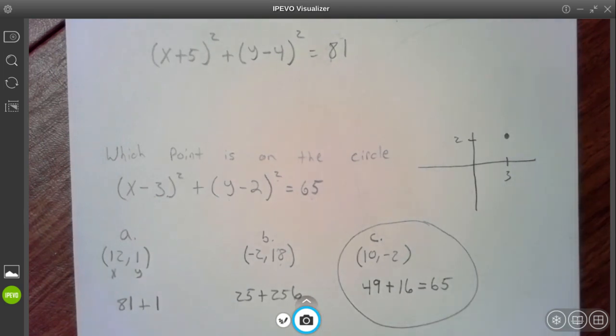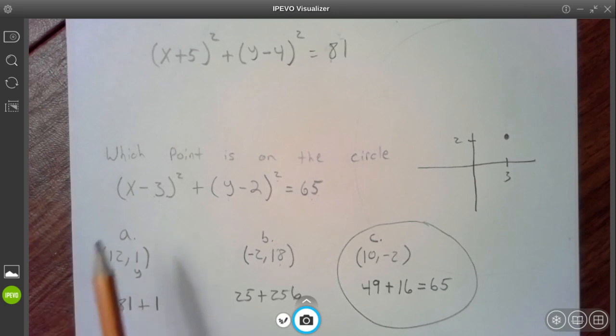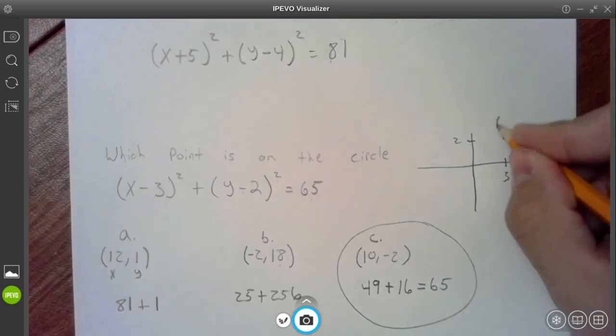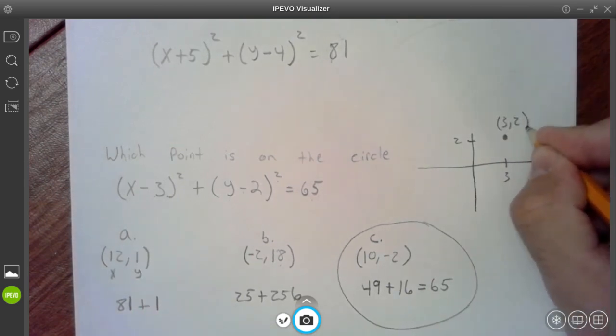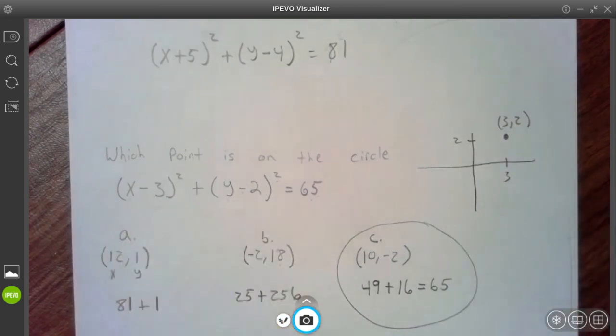And as far as the center goes, I should mention the center is just the x and the y that cause this equation to give you a 0 on the left-hand side. The center of this was positive 3, positive 2. But if you substitute those values in for x and y, you see it gives you 0.